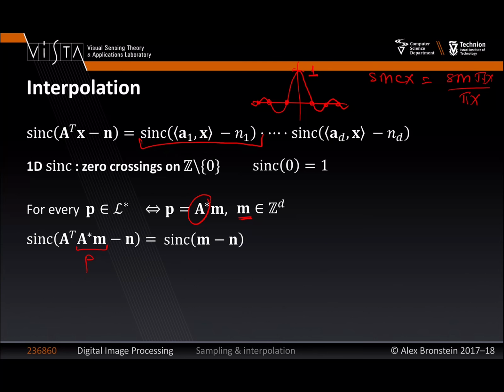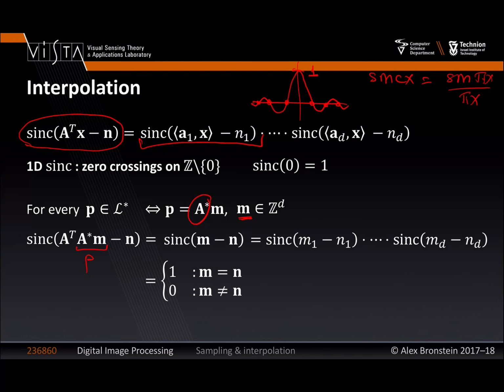I'm evaluating this expression at the points of the dual lattice L star, substituting p instead of x. It decomposes into this tensor product of one-dimensional sincs, and this will give me the value of 1 if all the arguments of these sincs are zeros, because I need all the sincs to be 1 in order to get the value of 1. This will happen only if all the coordinates of m are equal to all the coordinates of n, so m equals n.